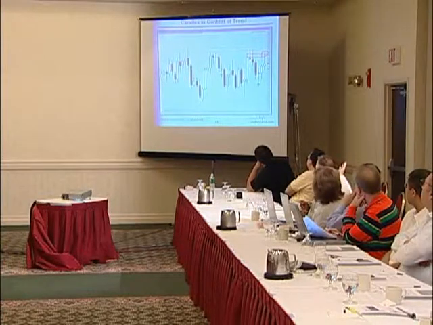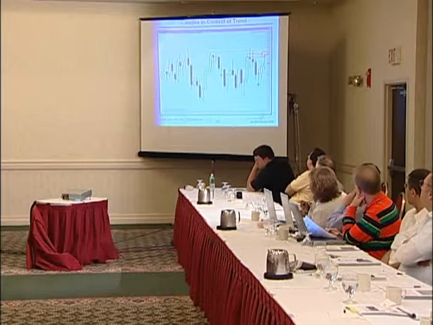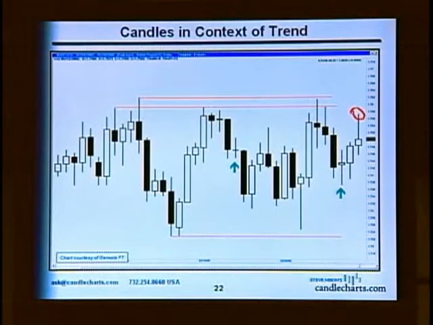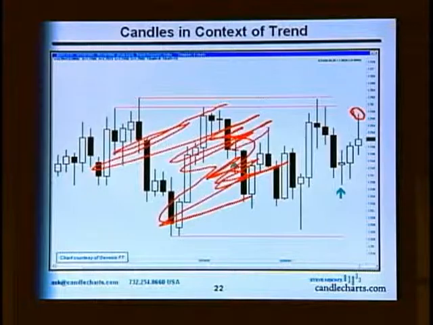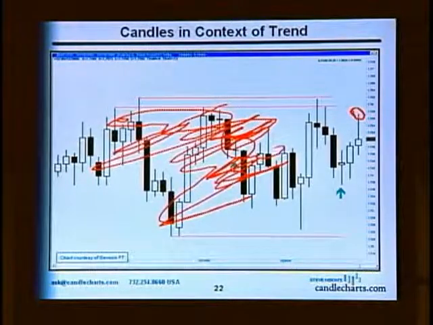So is that a range? The question is, with this upper shadow here, it's confirming, but we don't know about this stuff over here. We don't care.